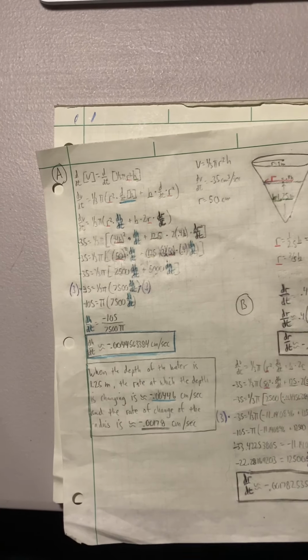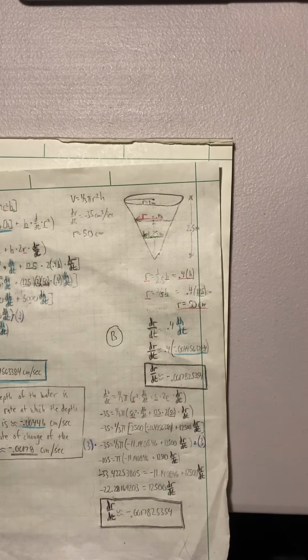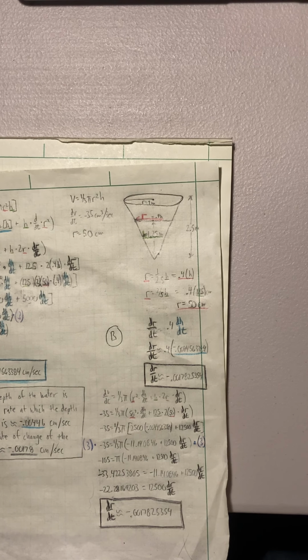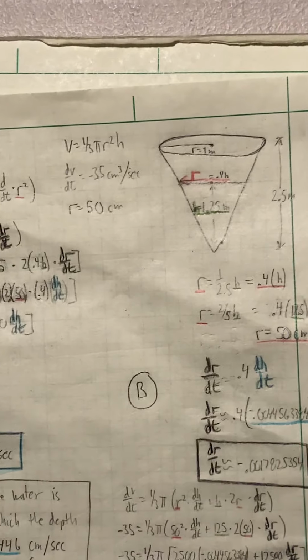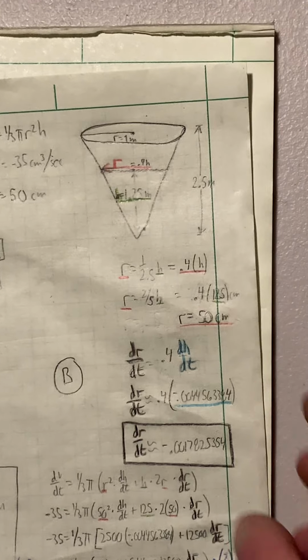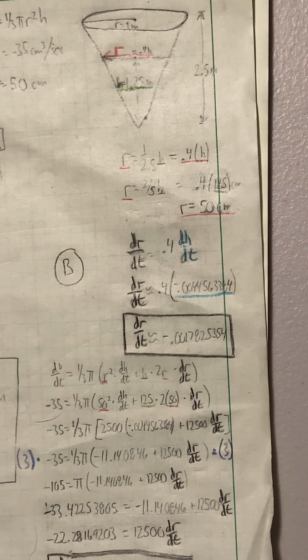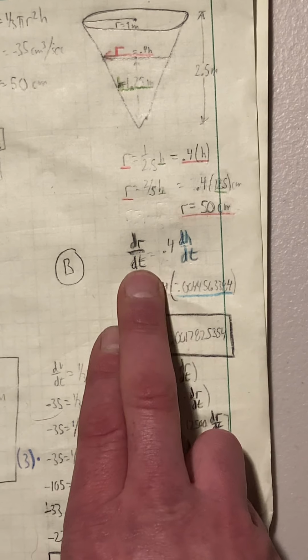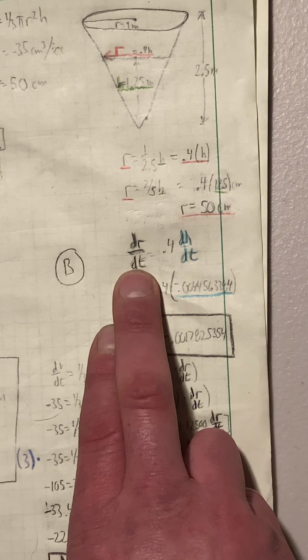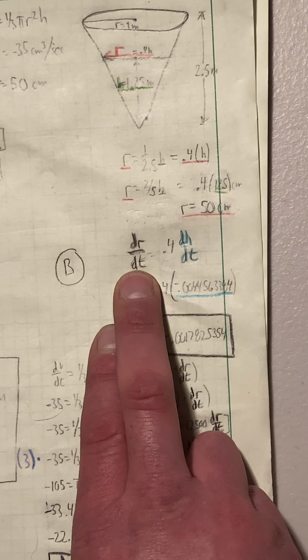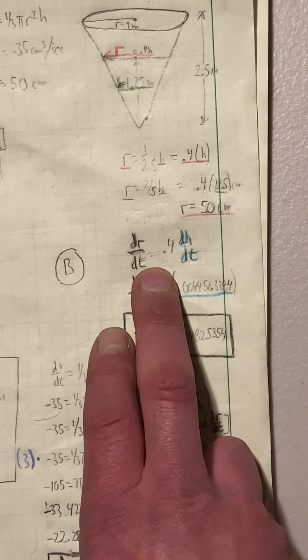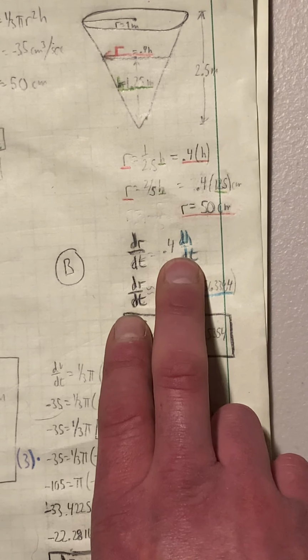In order to get the rate of change of the radius of the top of the water when the depth is 1.25 meters, or 125 centimeters, we can simply plug the value we just found into this: dr over dt equals 0.4 times dH over dt.